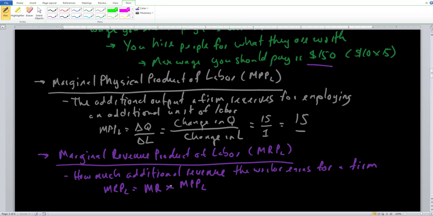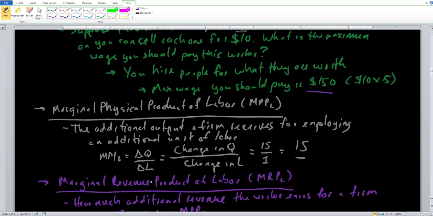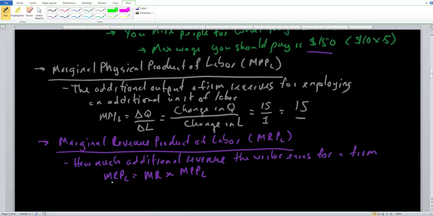So here, the marginal revenue, remember that we are working in a competitive market, the marginal revenue has to equal the price, and the price of the good for these crops right here, we said, was equal to $10. So taking that into mind, $10 times the MPPL, which we just solved out from beforehand. So here, it's equal to $10. Multiply that by the MPPL, which was equal to 15. Therefore, the marginal revenue product of labor is equal to $150.